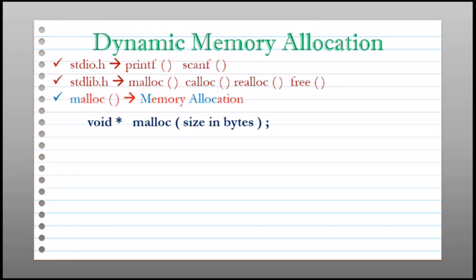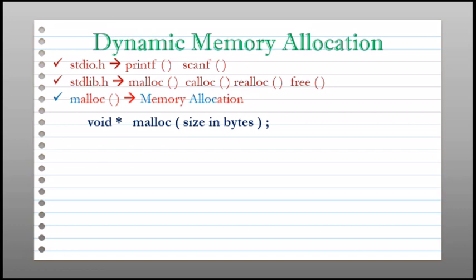The return type void is used because we don't know at the start for which particular data type the malloc function is used. Once we use the malloc function, we will easily see why void is used as a return type.